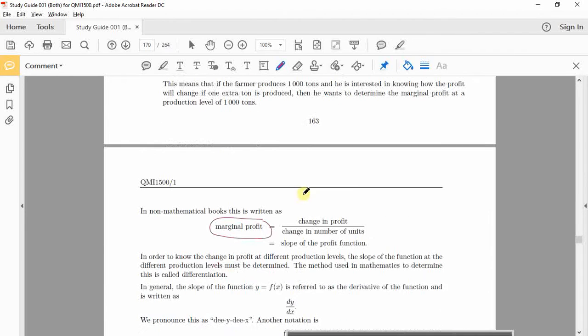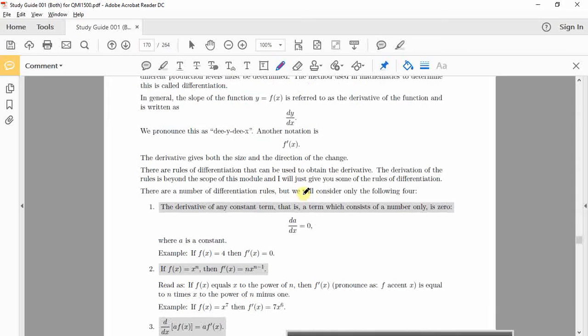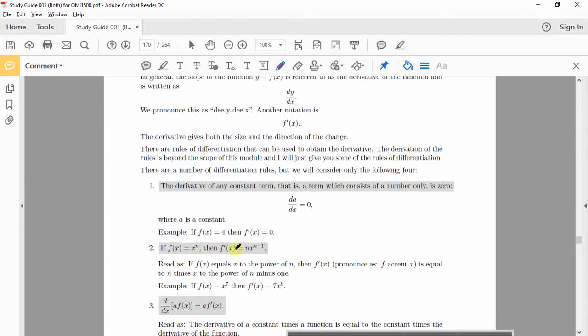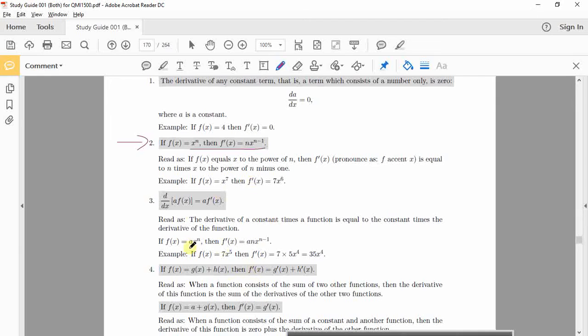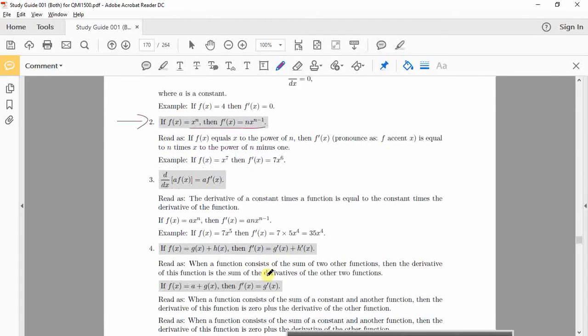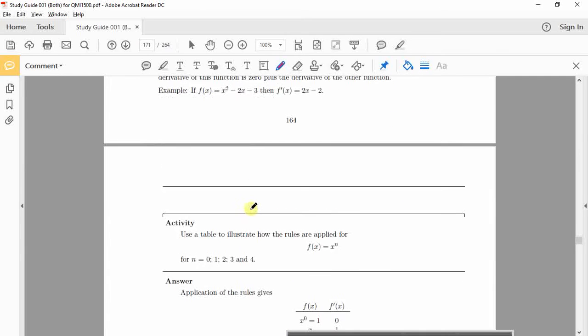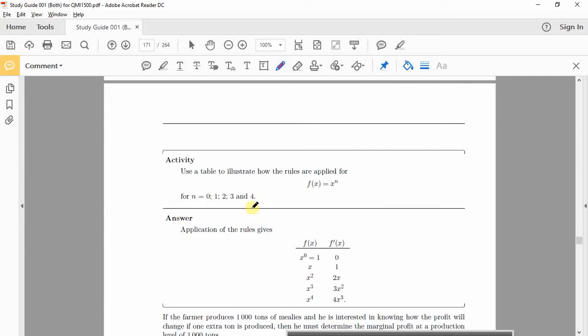Now where's the derivative here? Do they show you that? There they show you the same thing as I showed you previously. That's the general equation. These rules aren't important, because as long as you know how to find the derivative, that's the most important rule. You can just apply it to different scenarios. Remember I had a constant in front.